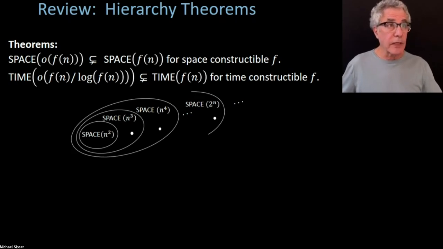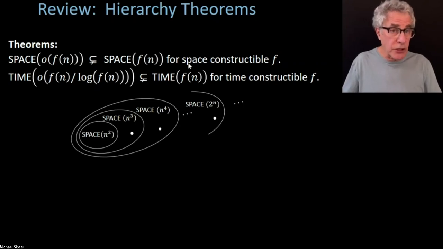They say that if you give a little bit more space, for space constructible functions that you can actually compute within the amount of space that they specify, you can show that the things that you can do in that much space is larger than what you can do in less space. And you can prove a similar, slightly weaker fact about the time complexity classes. So what that means is that these classes form a hierarchy.